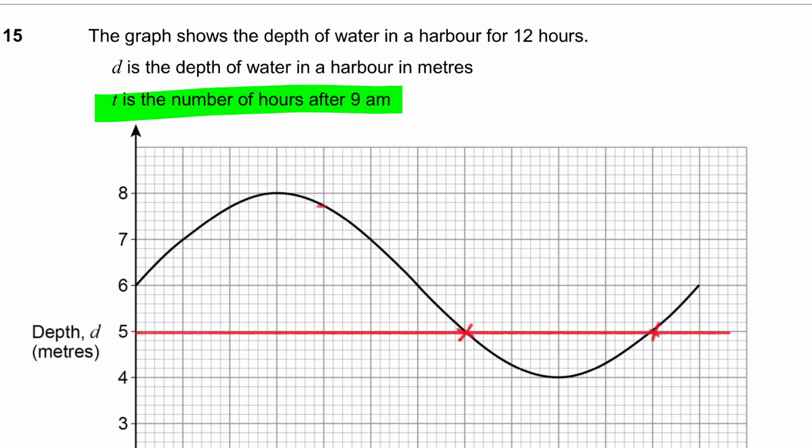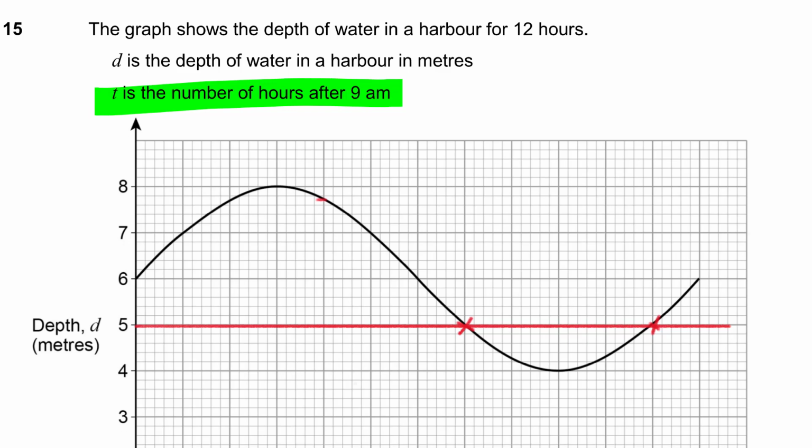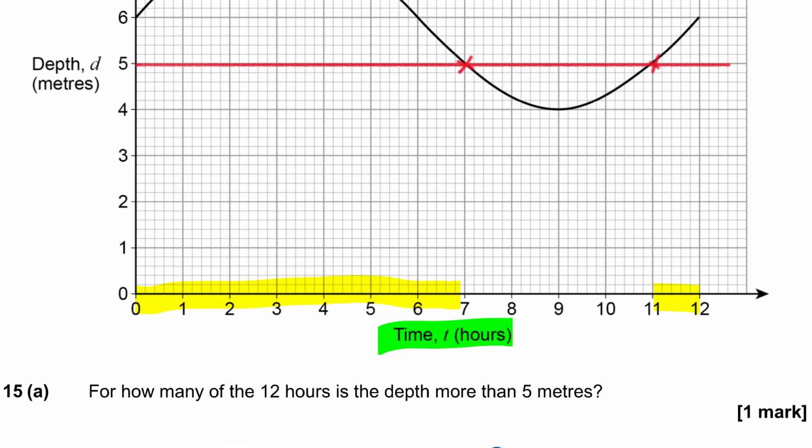T is the number of hours after 9 a.m. So this 0 then means 0 hours after 9 a.m. So that is 9 a.m. So then that's going to be 10. That's 11. That is 12. That's going to be 1 p.m., 2 p.m., 3 p.m., 4 p.m., 5 p.m., 6 p.m., 7 p.m., 8 p.m., and then 9 p.m.